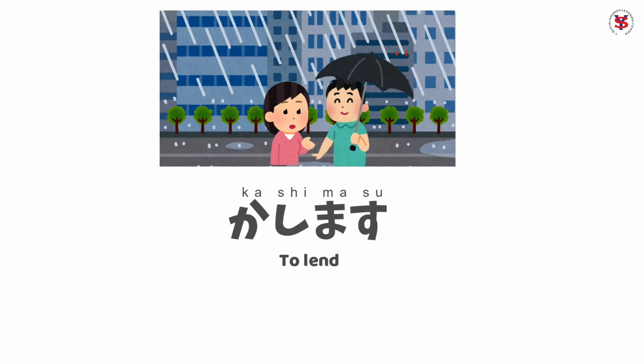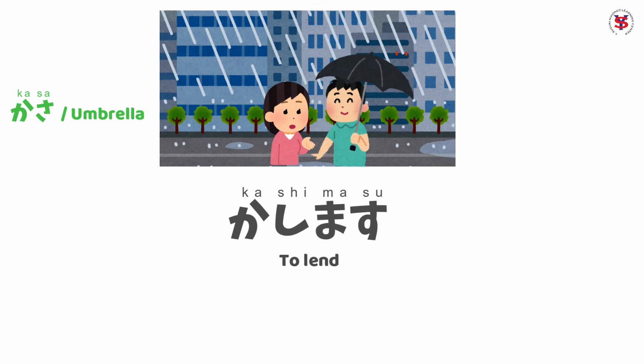Another example. Halimbawa, umuulan ngayon and gusto natin pahiraman ng payong yung kaibigan natin. Yung verb natin dito ay to lend, right? So it's kashimasu. Ang object na ipapahiram ay ang payong or kasa, right?